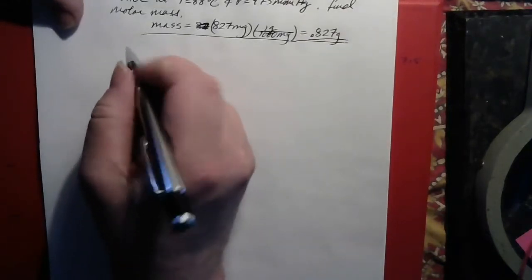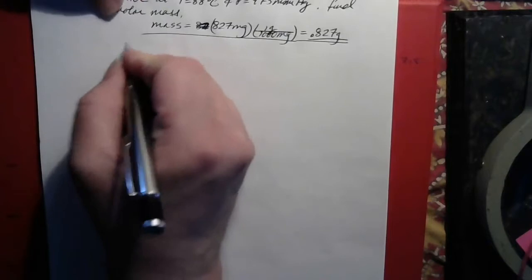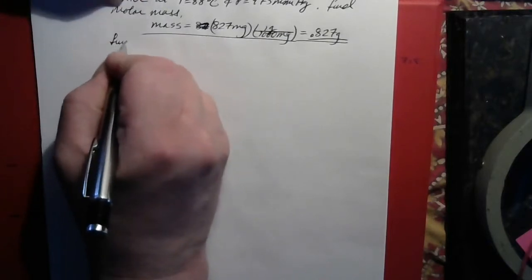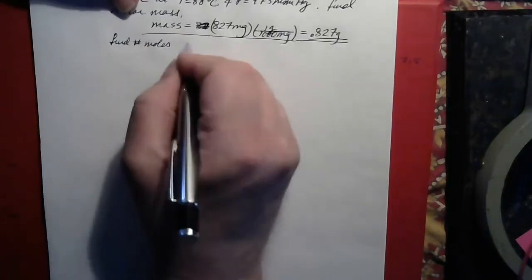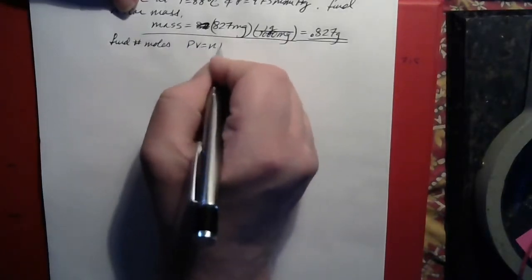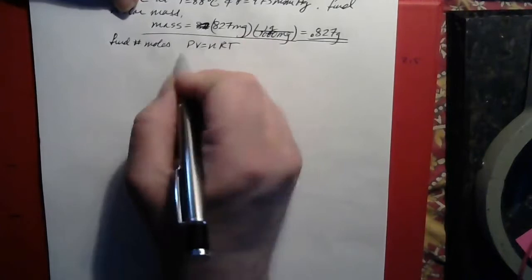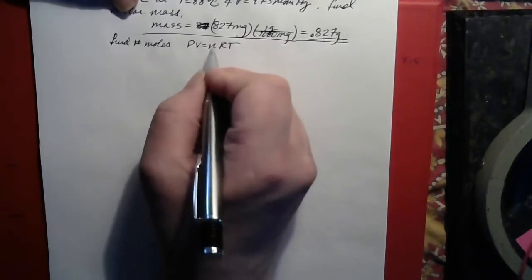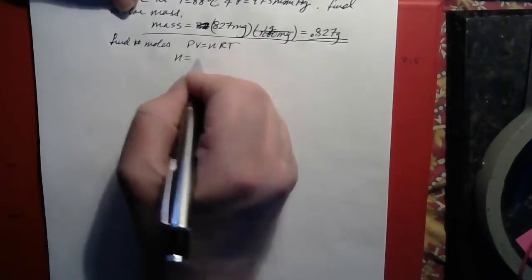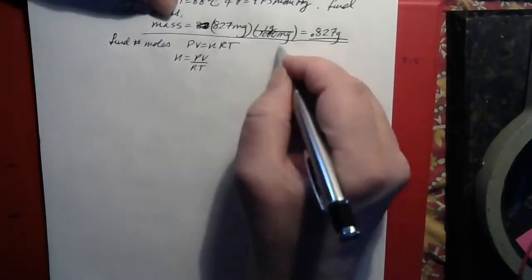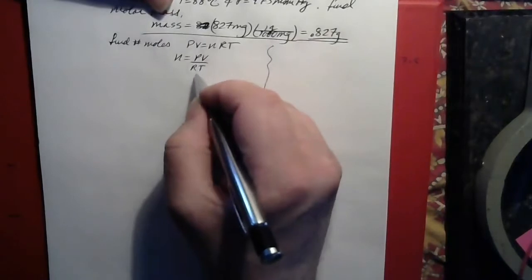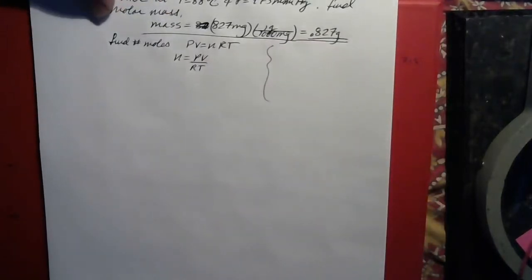For the other quantities, we're going to need to use the ideal gas law. We know that PV is equal to nRT, and if you solve for n, that's going to be PV over RT. And so we need P, V, and T all in the correct units.